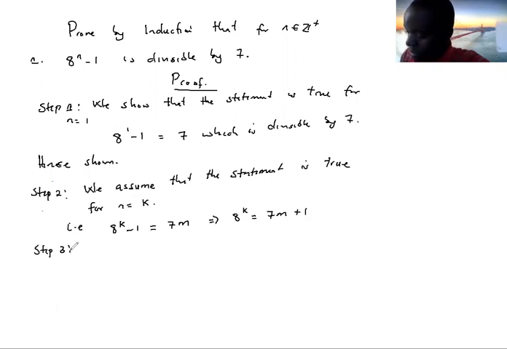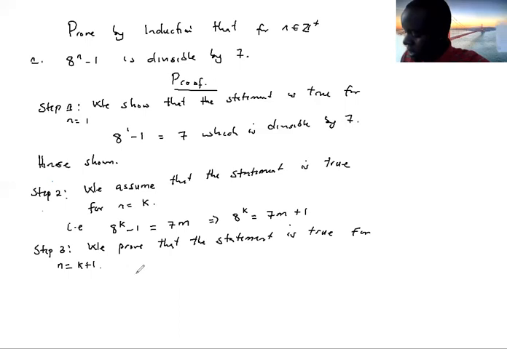Step 3, we prove that the statement is true for n is equal to k plus 1. That is, 8^(k+1) minus 1 is divisible by 7.